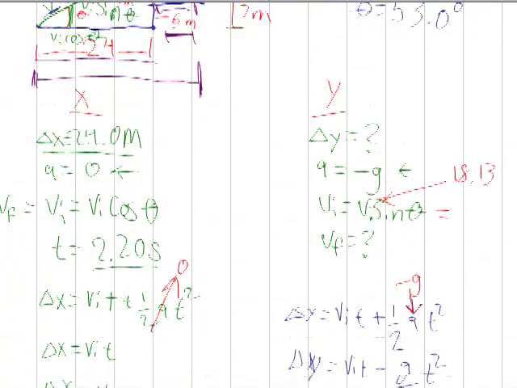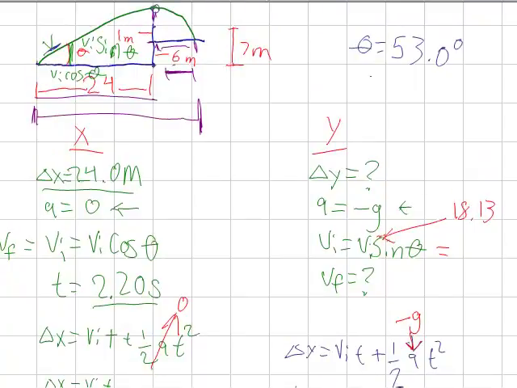Alright, so here are our knowns. We know that our theta equals 53 degrees. For x, we have delta x equals 24 meters. So from here to here is 24 meters.